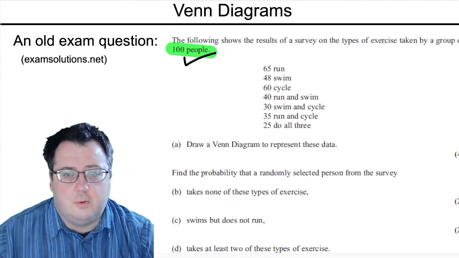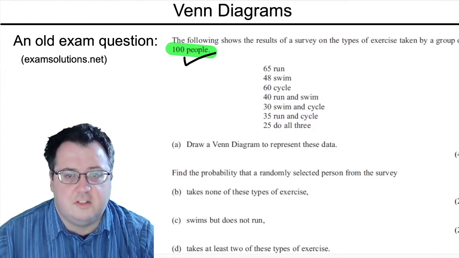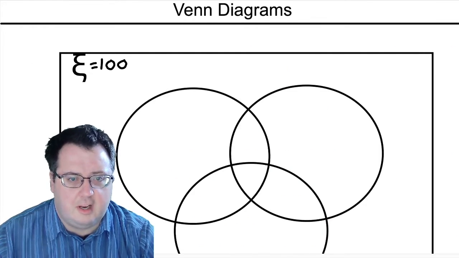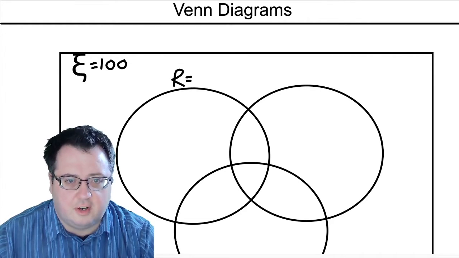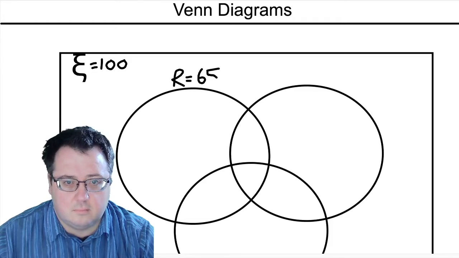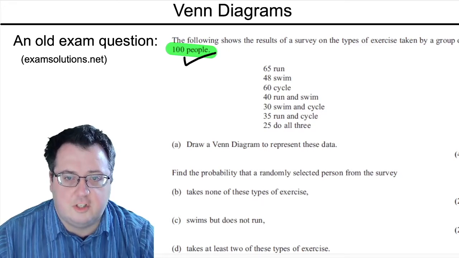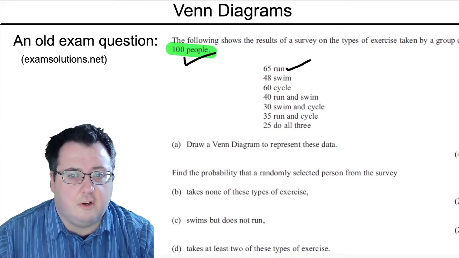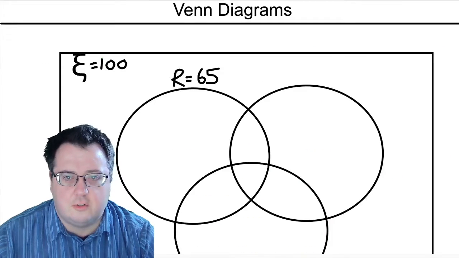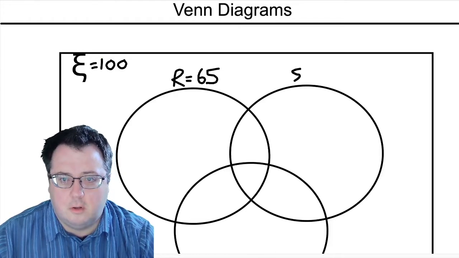Then we've got run, swim and cycle and some numbers associated with it. So run is 65, so I can put in R equals 65. So that's the first piece of information. We've then got 48 swimming, so swim equals 48.